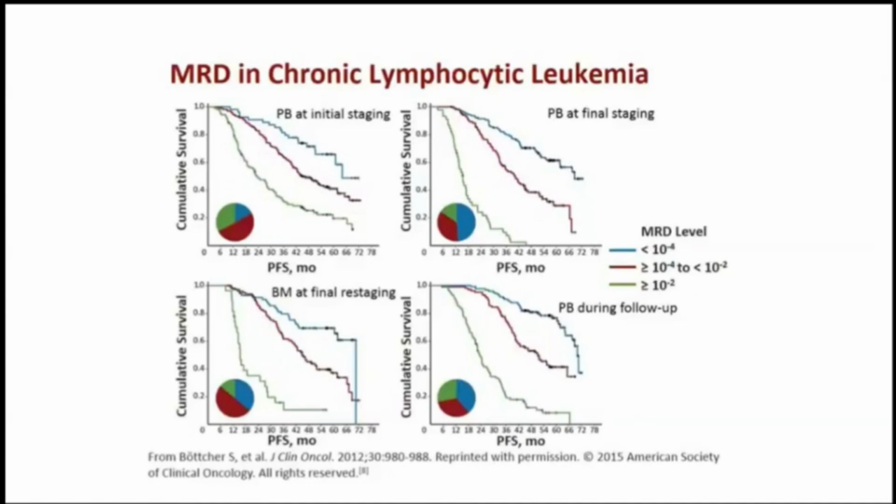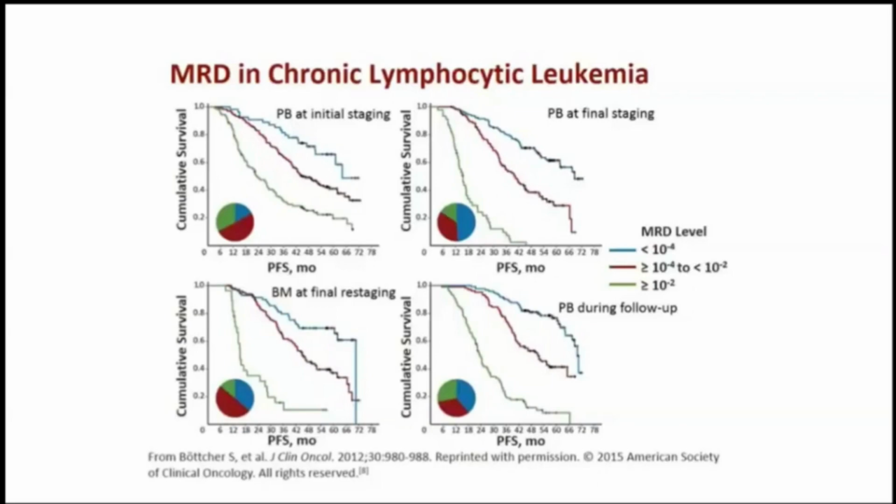The basic idea of MRD coming into CLL is that we have now dissected out the molecular subtypes of CLL. Every CLL is not the same. For example, 17p deletion CLL is far different from other CLLs, and they have a tendency to be more aggressive, and many times they progress to a high-grade lymphoma also. So there comes the role of why we should be subjecting the patient to MRD in CLL also.